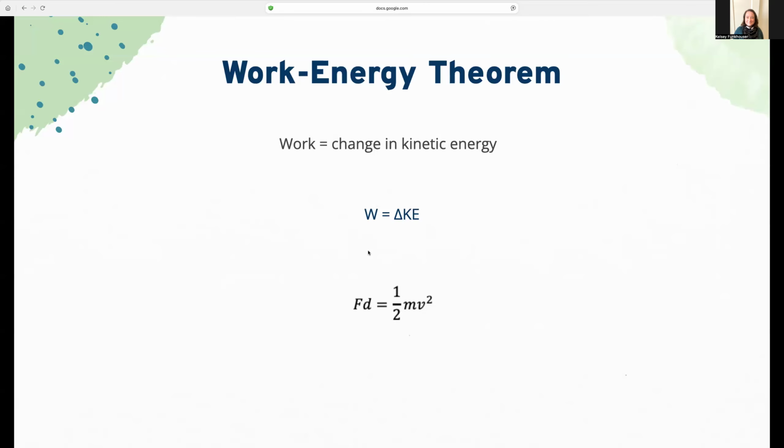So this is connecting the work done, because the work is the change in the kinetic energy and it's the force times the distance. So we can actually use the force applied over a distance, which is what this example was of the skid marks from the tires, and set that equal to the mass times the velocity squared.